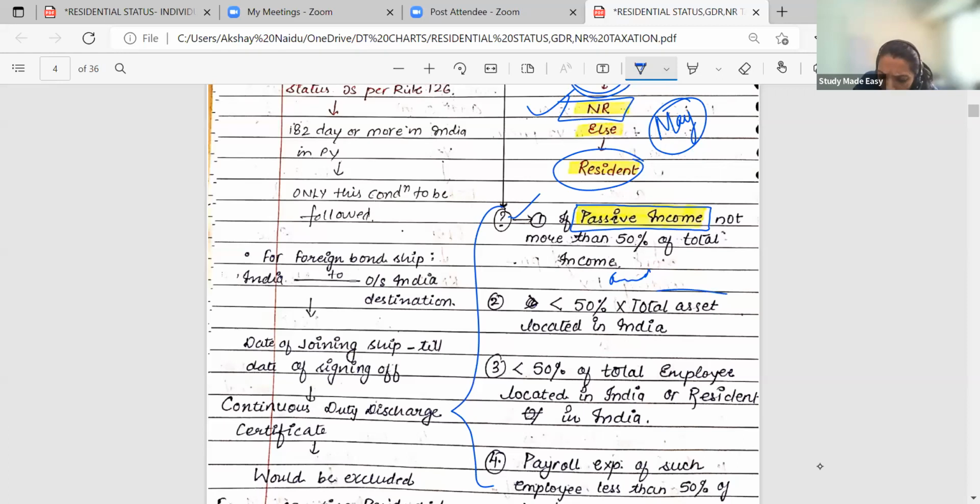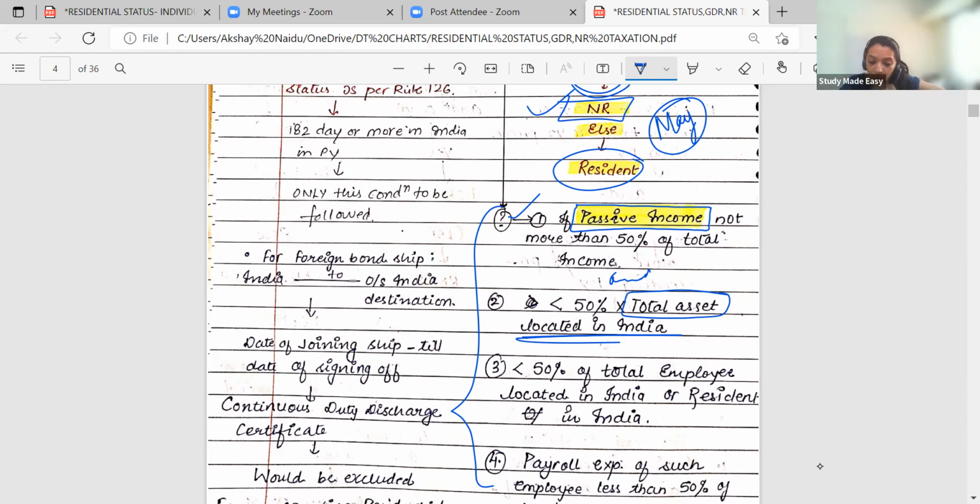Okay. Second, if you have total assets located in India and outside India, US, Paris, wherever, whatever is your total asset, and more than 50% of the total asset is in India. Why in India?